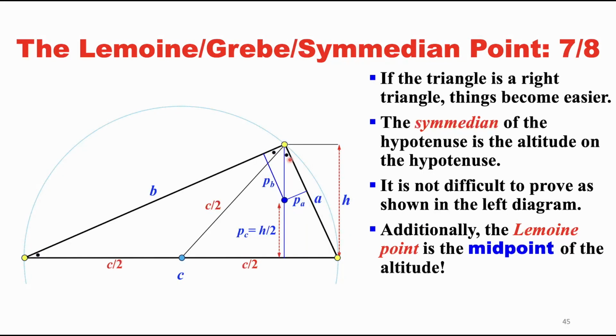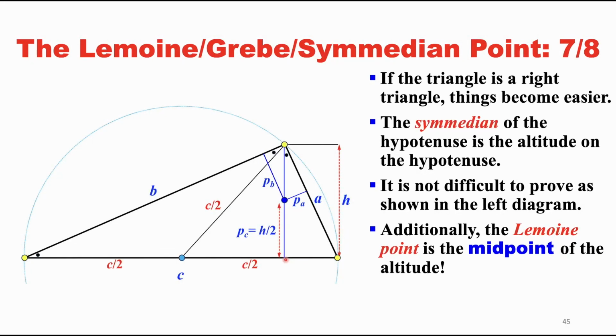Therefore, this angle and this angle are equal. In this way, this line is symmetric to the median with respect to the bisector. And furthermore, even though we know this symmedian, where is the Lemoine point? It's easy to prove that the Lemoine point is exactly the midpoint of the altitude on the hypotenuse.